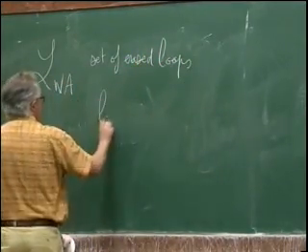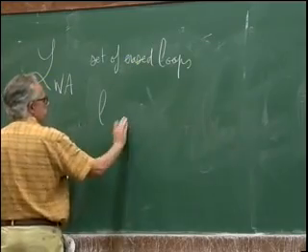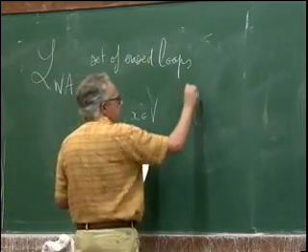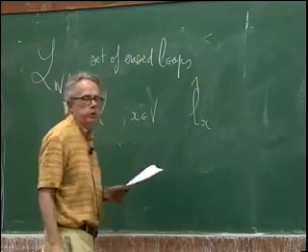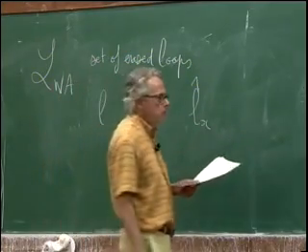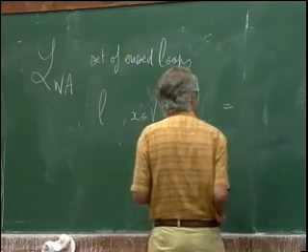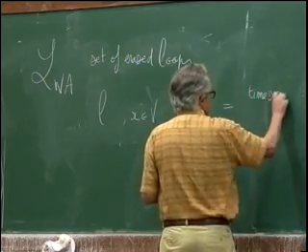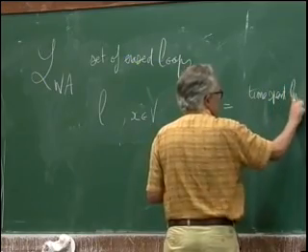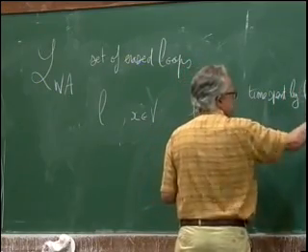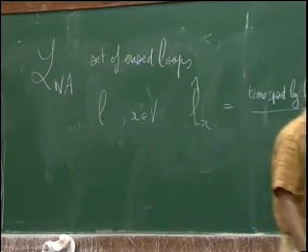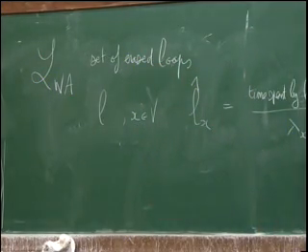When I have a loop L and x a vertex, I can define L hat at x, the local time of L at x, which is just the time spent by L in x. Well, I divide by this lambda x, which is always there.